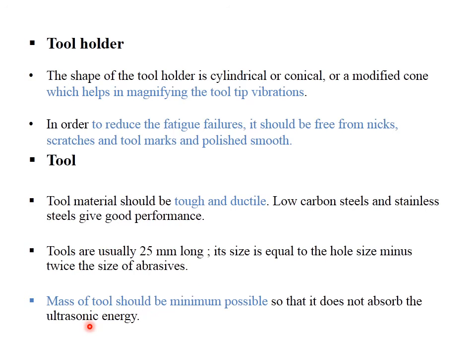The lighter the weight, the minimum the absorption of ultrasonic energy, and you can have the highest possible vibrations at the tool tip. So you can have enhanced tool tip vibration. Definitely it will help to achieve the required material removal rate, MRR.